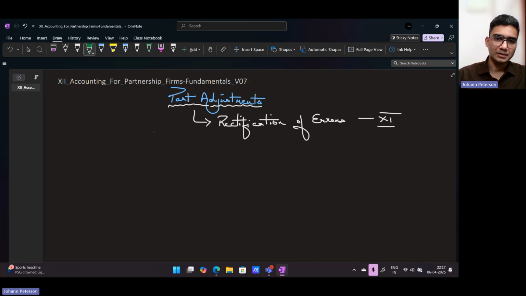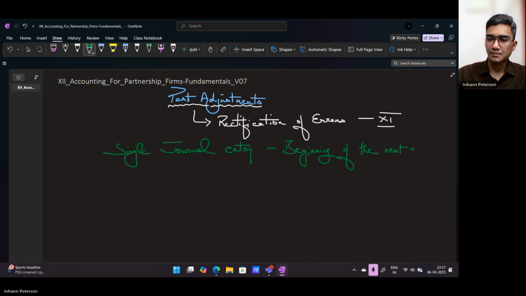Instead, what is done is we pass a single journal entry, which is not at the end of the current year, but we pass it at the beginning of the next year in order to rectify this mistake.